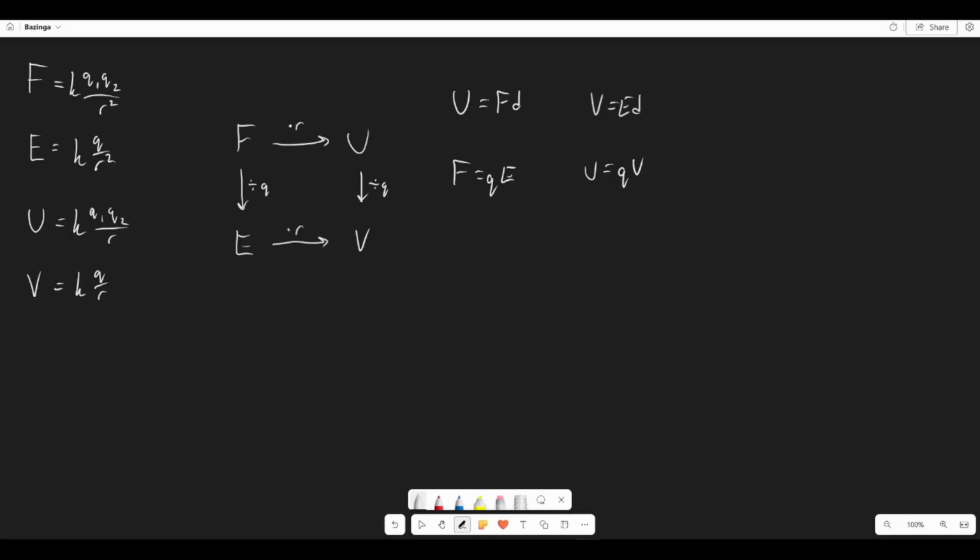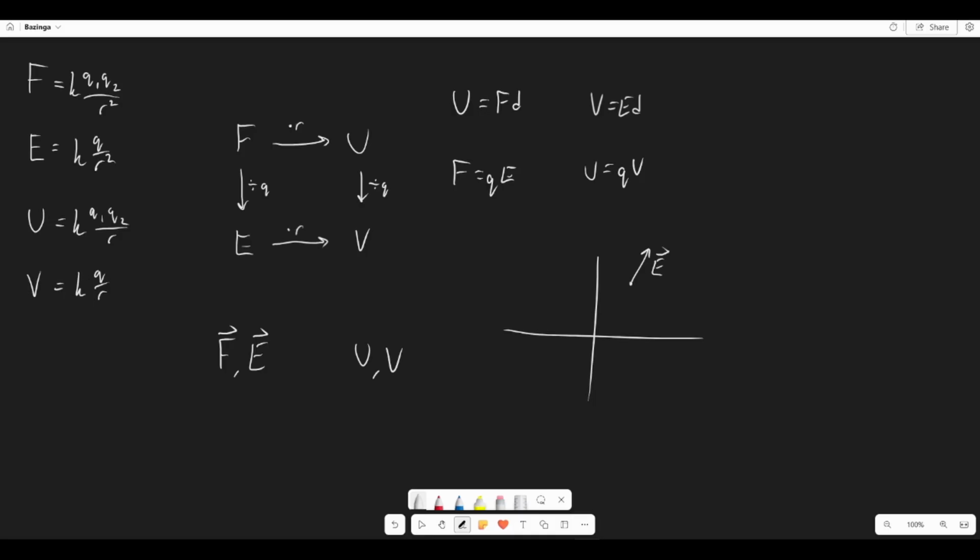Now, some more differences to note is that the force and the electric field are vector fields, whereas potential energy and voltage are scalar fields. What does this mean? Well, if I have my plane of space, then I can consider at some point the electric field, which will look like an arrow.